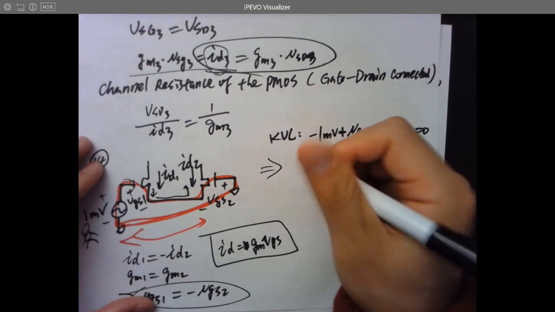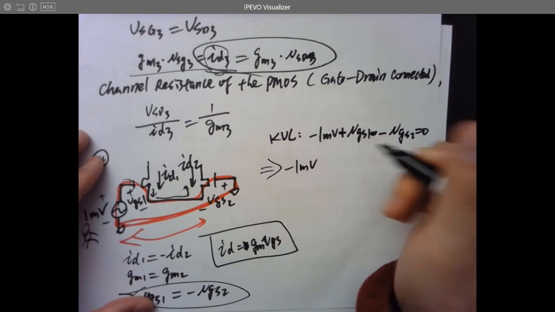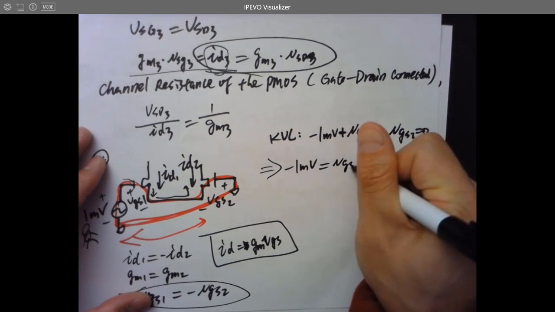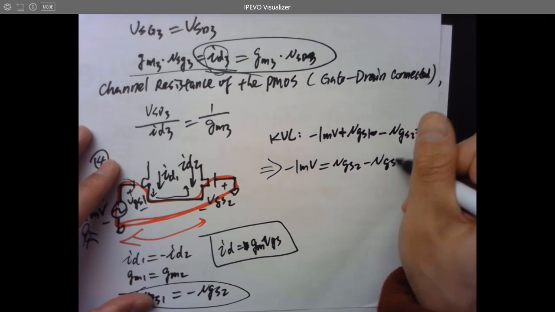Further, you can find out minus 1 millivolt equals VGS2 minus VGS1.